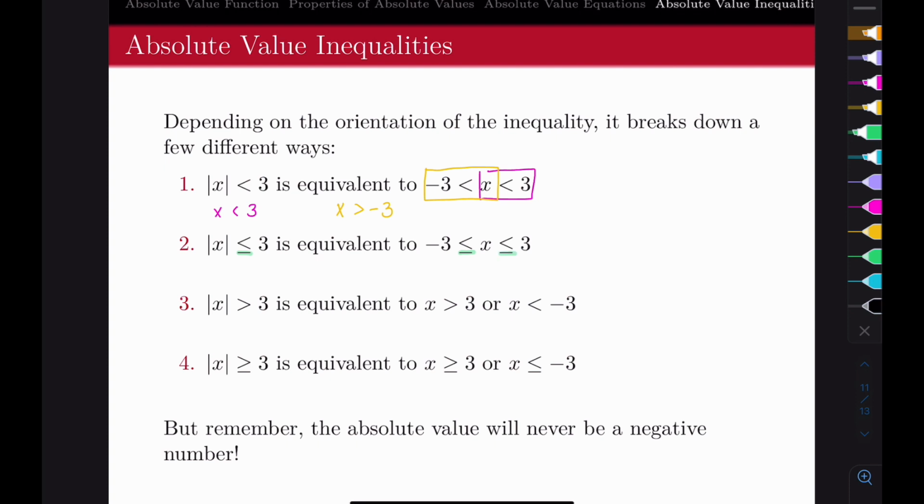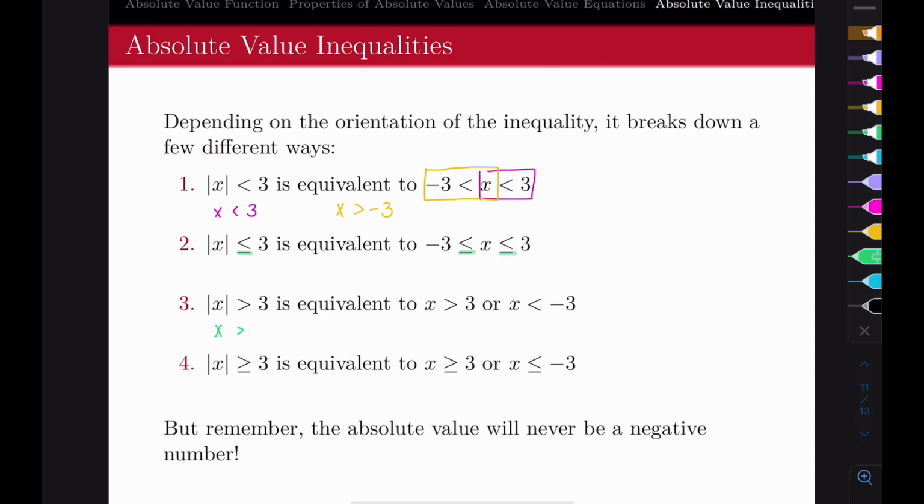Okay? In the flip case, when I have the absolute value of x is greater than 3, now the numbers that are going to work for here, like 4, 5, 6, because the absolute value of 4 is definitely greater than 3. The absolute value of 9 is greater than 3. These both work. And same thing if I plug negative 4 in, it makes that positive 4, which is greater than 3. So negative values work here as well. And so when I break down this inequality, again, same thing.